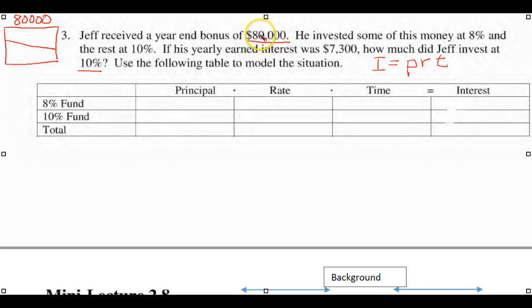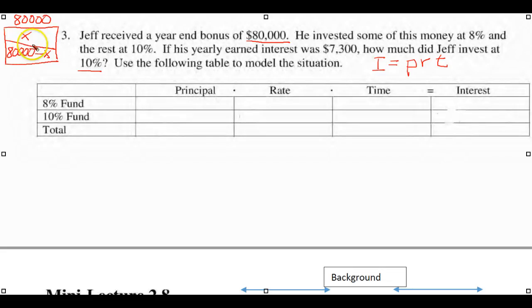And we said a way to do it was to say X will be part of that 80,000, and the other part would be 80,000 minus X. That was a way we had mentioned earlier to divide a known amount into 2 unknown parts, just for the algebra to work.